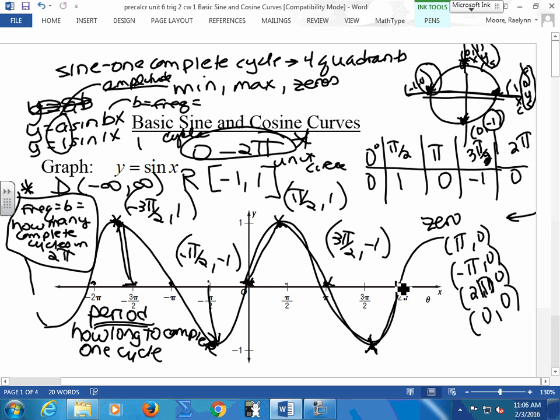My formula is 2 pi over b. In this case, b is 1. So therefore, it took me 2 pi to complete one full cycle. It's the same thing as your frequency right now, but that's because they're both 1. How long did it take to complete one cycle? Okay so far?